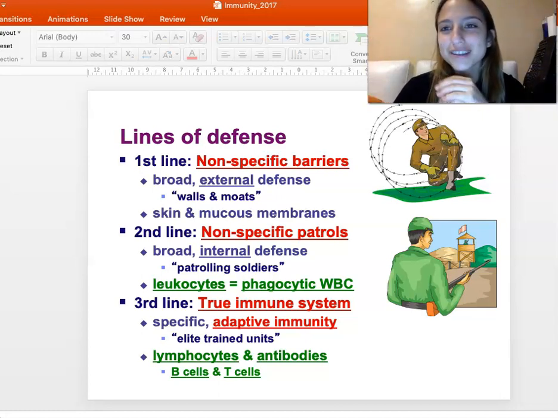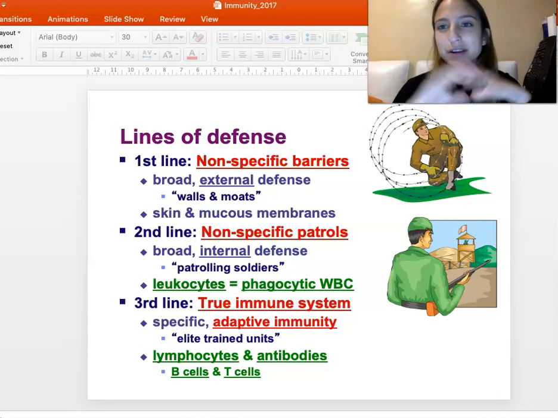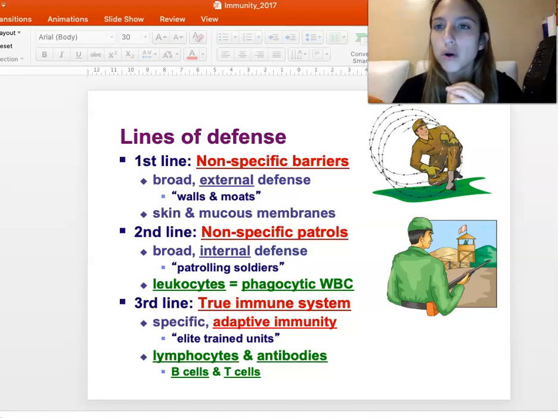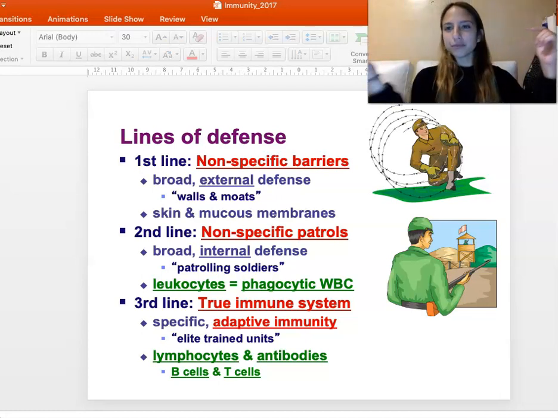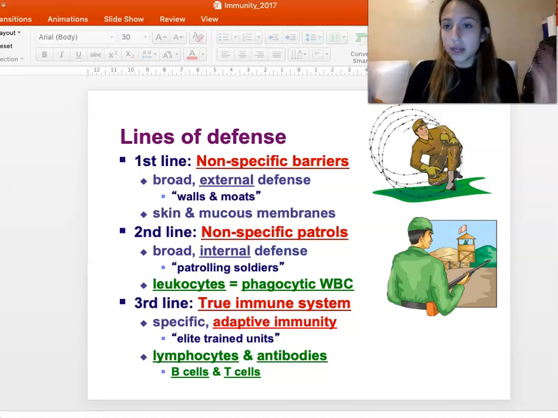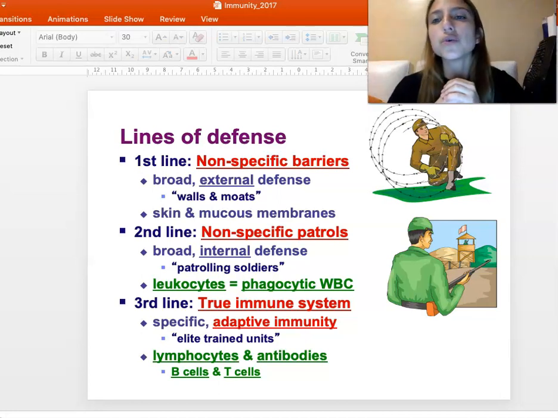So what is a non-specific barrier in this type of metaphor? They're just external walls, right? It can be walls or moats. If you don't know what a moat is, go ahead and check it out on Google. There are these water bodies that would surround castles, and their goal was to keep invaders out, right? So they're just these barriers.